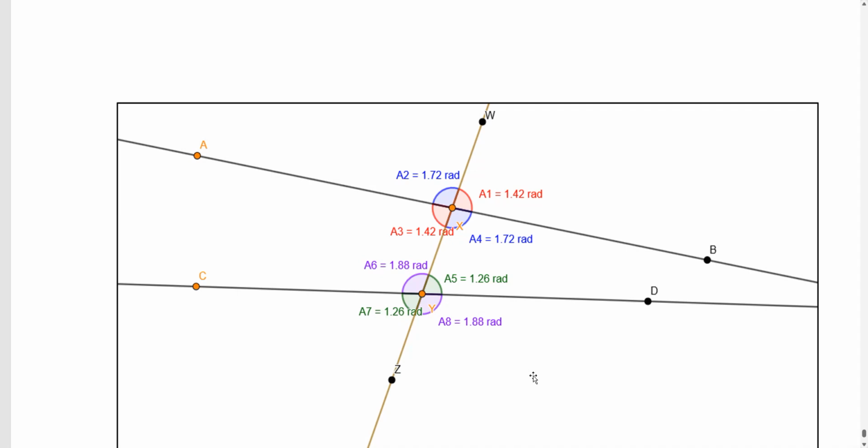Okay, but one thing you should notice right away is, potentially that's 8 different measurements. Well, it's not, because vertical angles are always congruent. It doesn't matter which geometry we're in, vertical angles will be congruent. So these two blue angles, angle 4 and 2 are congruent. Angles 1 and 3 are congruent, they're vertical angles. Angles 5 and 7 are congruent, and angles 6 and 8 are congruent.